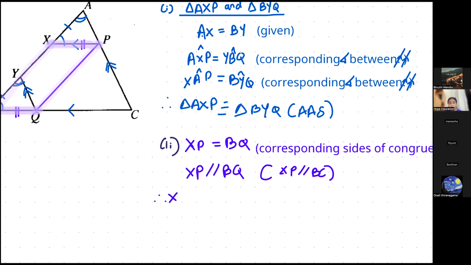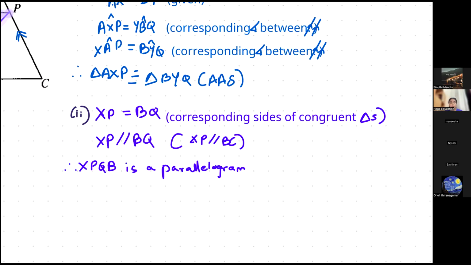Therefore, XPQB is a parallelogram. Reason: same pair of opposite sides equal and parallel.